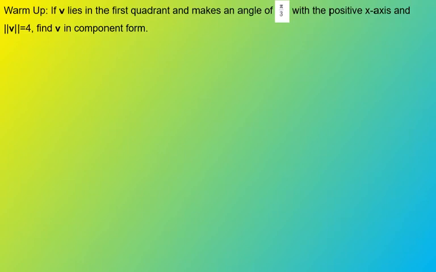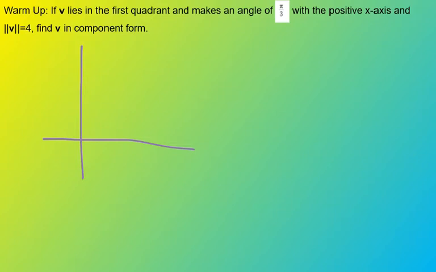So to do something like this, I would personally start by drawing what it's basically saying. So we have a vector that lies in the first quadrant. So we got quadrants, so we're in 2D. And it makes an angle of pi over 3 with the x-axis.